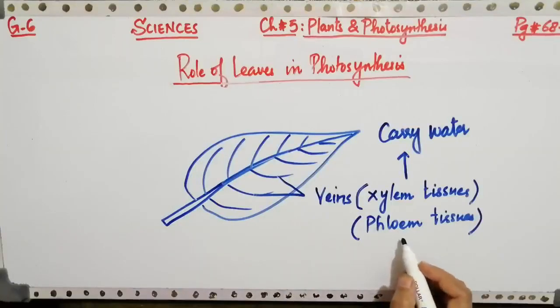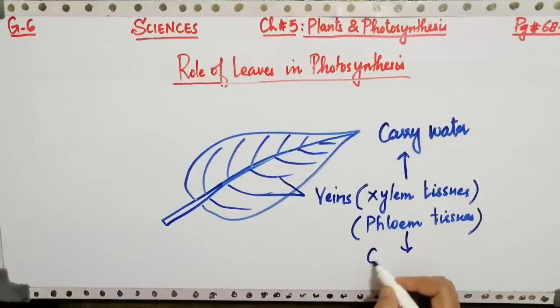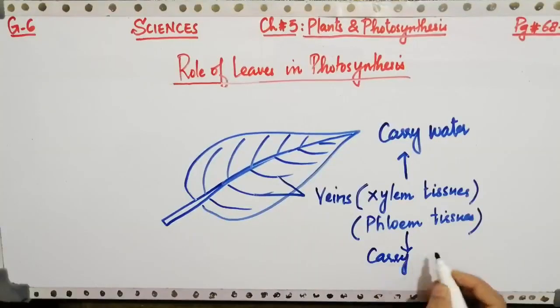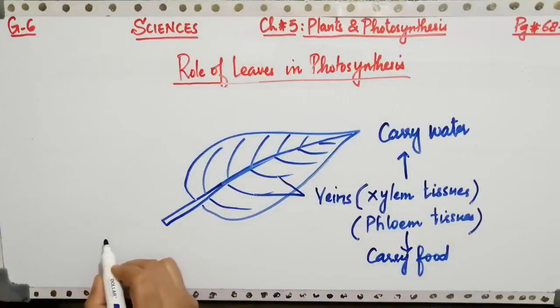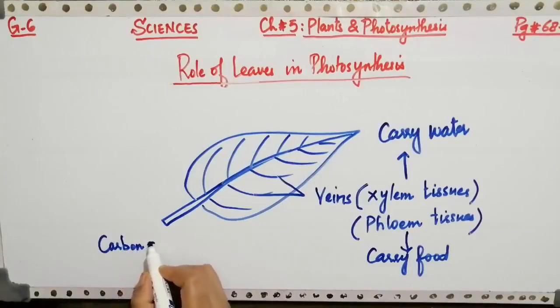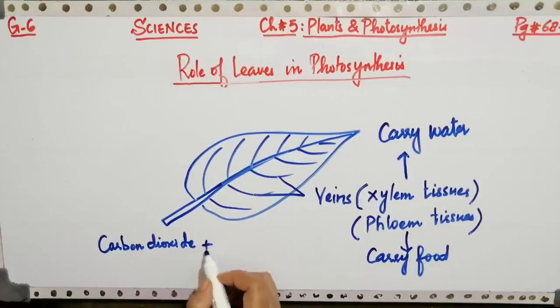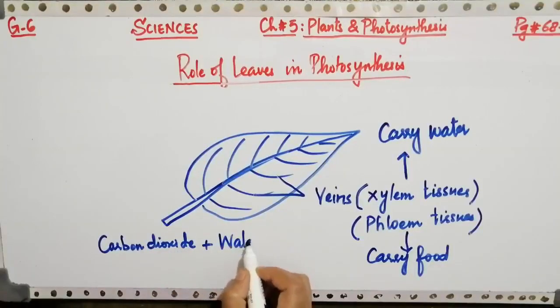While on the other hand, phloem tubes or phloem tissues carry food, and basically during the process of photosynthesis, when you will observe keenly, you will find that two important things are required: one is carbon dioxide, the other is water.